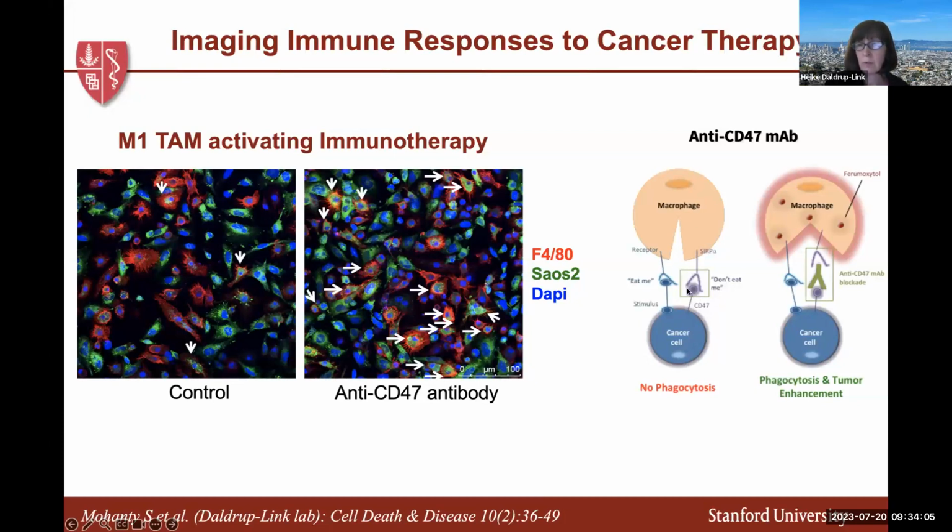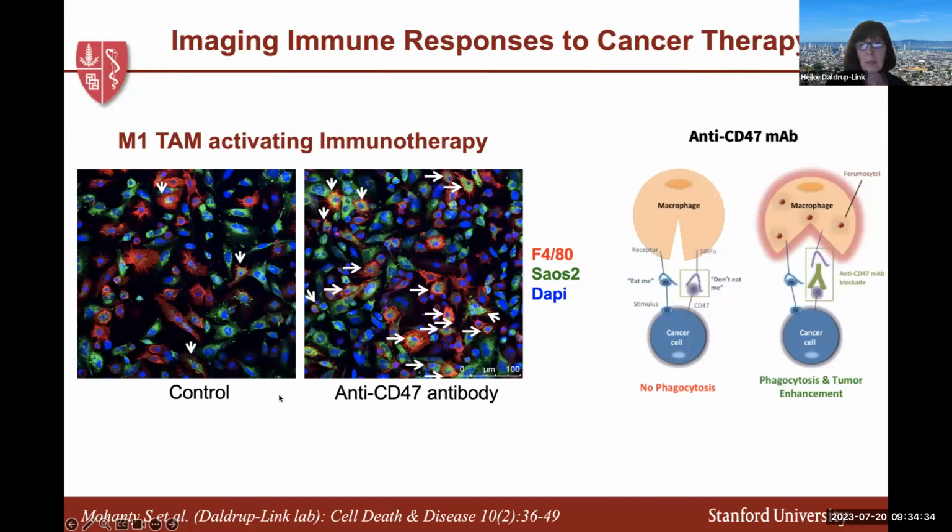So if CD47 is expressed, macrophages recognize it and do not phagocytose the cancer cells. So now if we block CD47 with an antibody, the macrophage can now recognize the cancer cell, is activated and phagocytoses the cancer cell. And our hypothesis was that these activated macrophages would also take up more ferumoxytol nanoparticles.